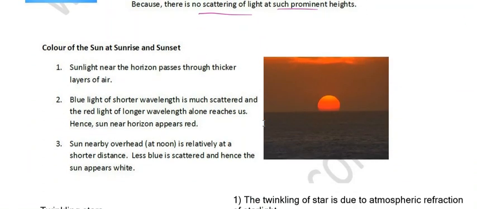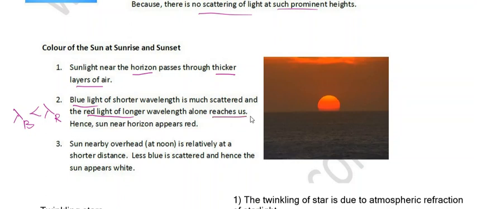Then let us discuss why the sun appears reddish orange during sunrise and sunset. The sunlight near the horizon passes through thicker layers of air. Therefore, blue light, which we discussed has a shorter wavelength than red, is immediately scattered, and the red wavelength is longer, so it can travel a longer range.